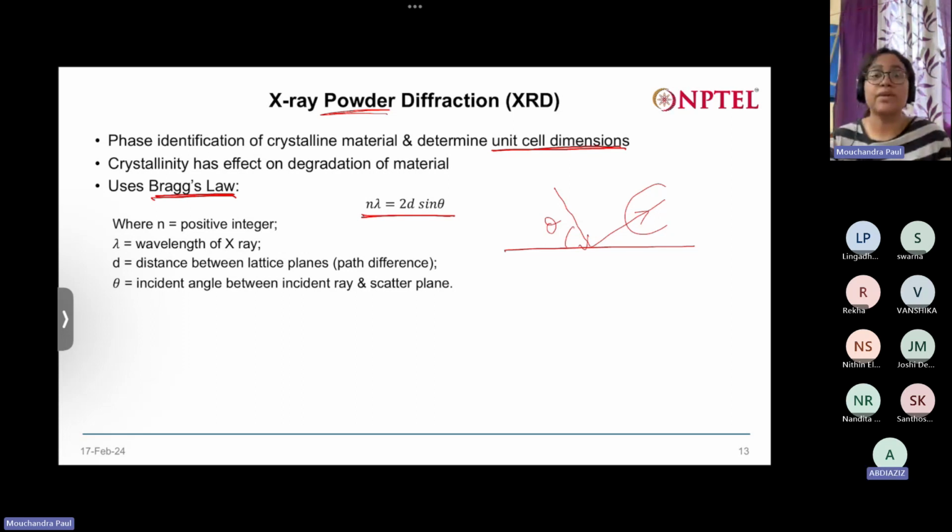For a particular type of sample, like a crystalline sample, it will have a signature type of diffraction pattern. Similarly, for an amorphous sample, you will get another kind of pattern, and we compare it with some standards.